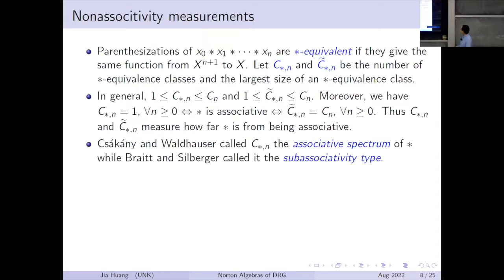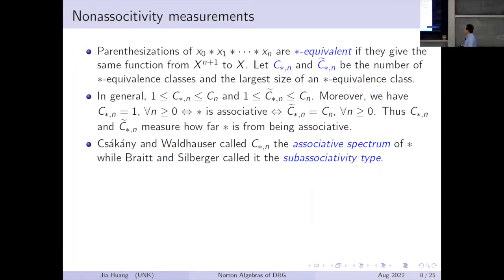But let me talk about a little background here. There is actually some work on the first number, C star n, that I just defined. There are 2 independent works, one by Sakani and Waterhauser, and they call C star n the associative spectrum of the operation star.